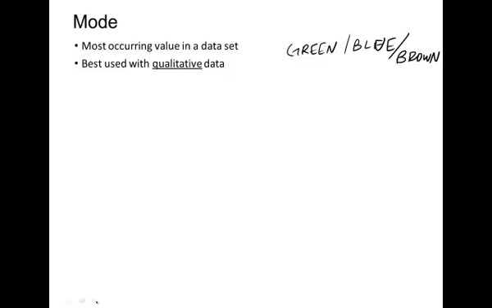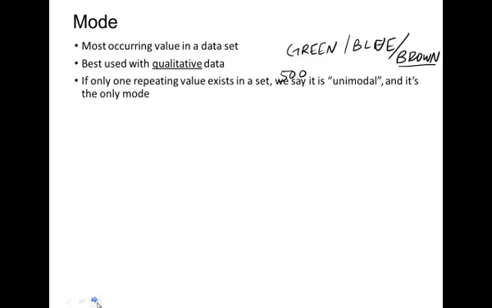And we're trying to find, of that list of people, what is the most common eye color? My guess is that it would be brown, but I could be wrong. So you could have a list of 500 people and figure out what their eye color is, and then the mode would be the one that occurs the most often.